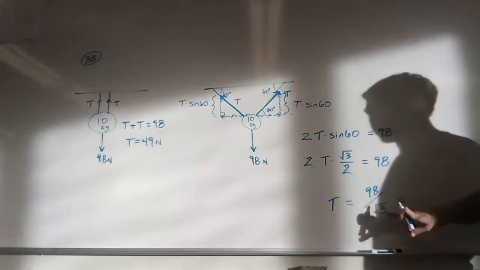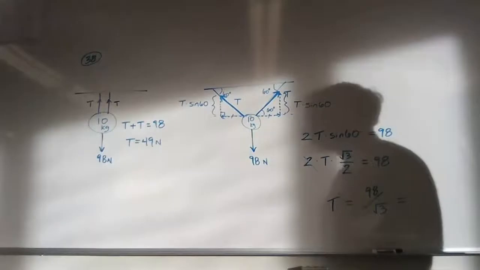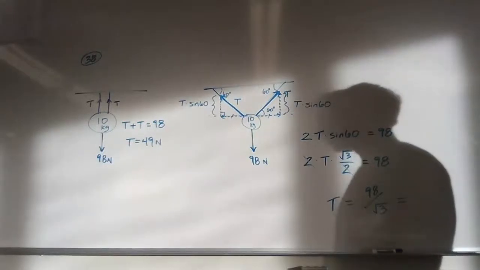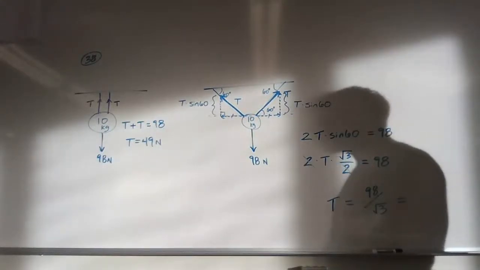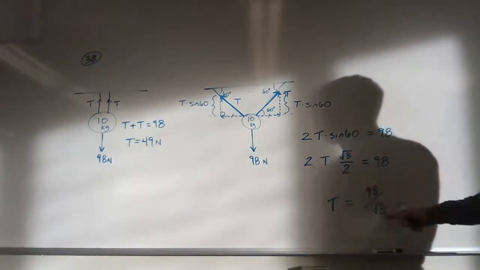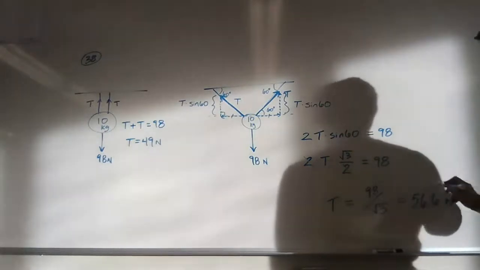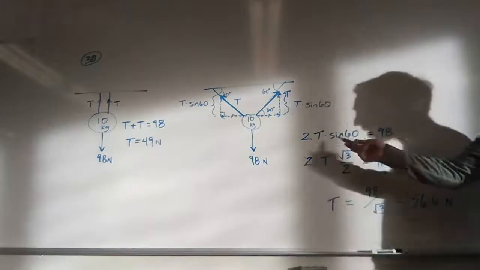So I don't know, do you think it's obvious? Is that number bigger or smaller than 49? What's the calculator tell us that is? 56.66.